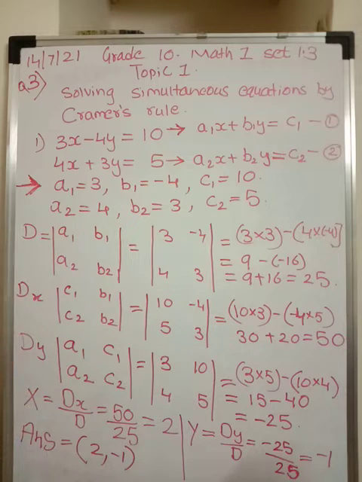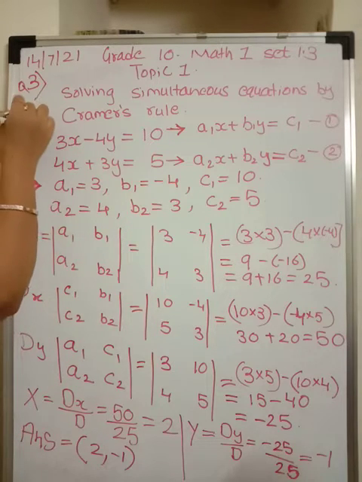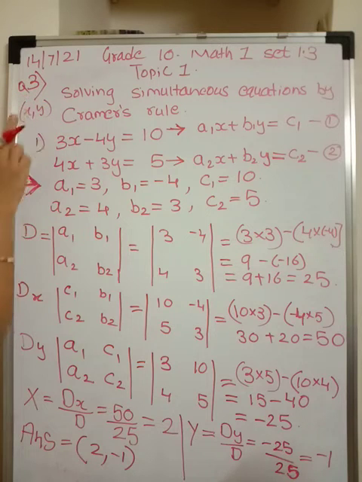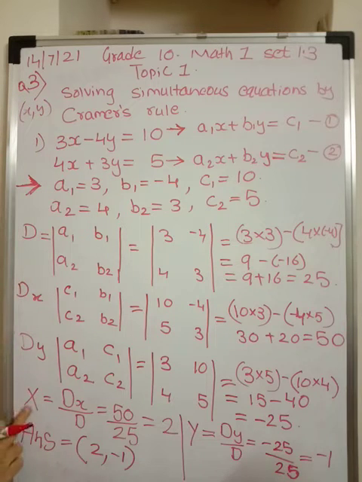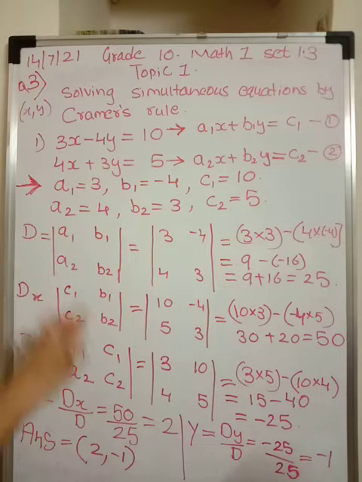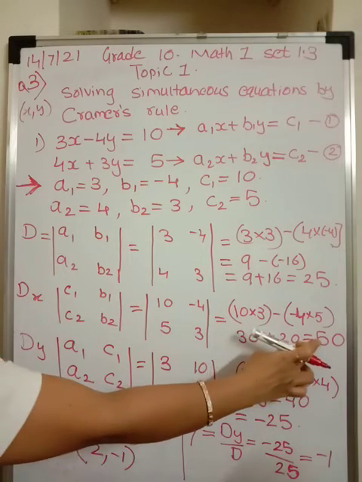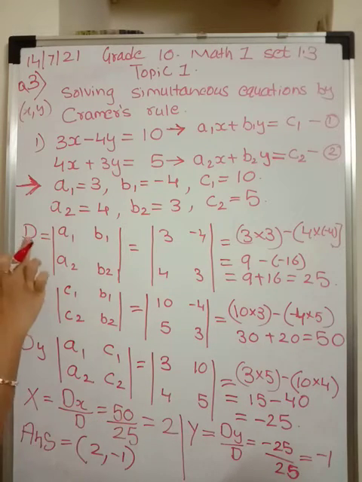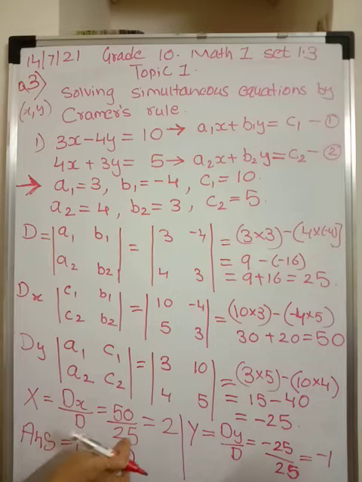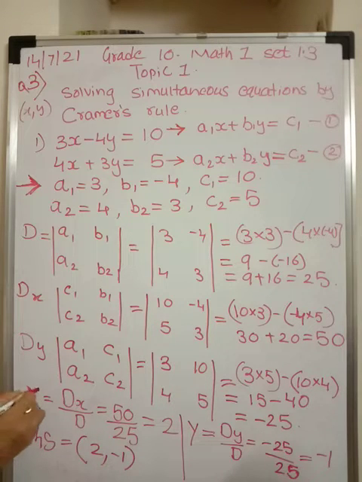We have to solve the simultaneous equations. That means we have to find x comma y. So how do we get x? x is nothing but dx upon D. If you divide these two, you will automatically get x. dx is 50 and D is 25. 50 upon 25 is 2. That is how you got the value of x.